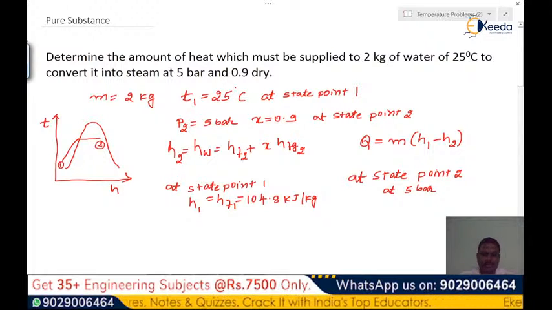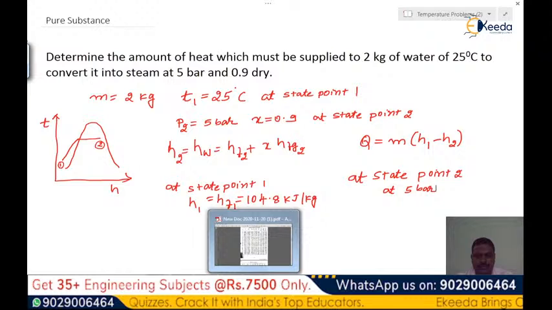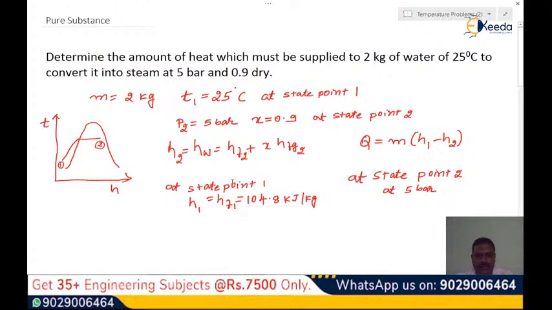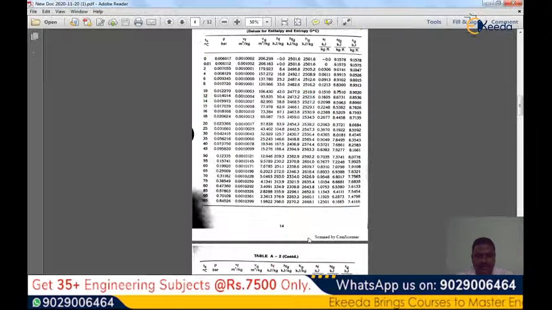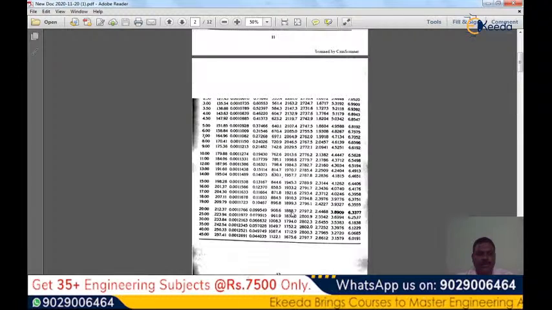Let us take the value of HFG at 5 bar. I need HF and HFG to find out the enthalpy of wet steam, that is the enthalpy at the final state.